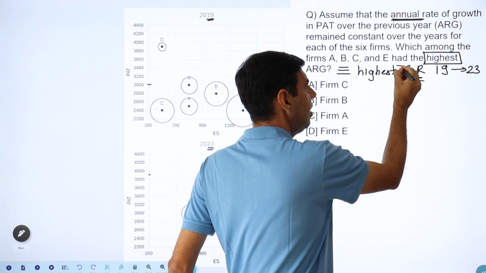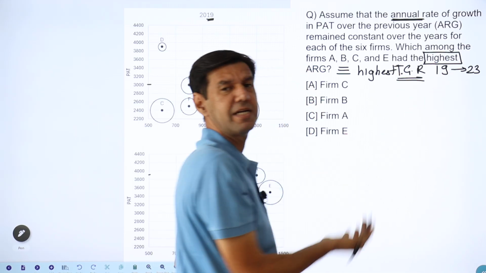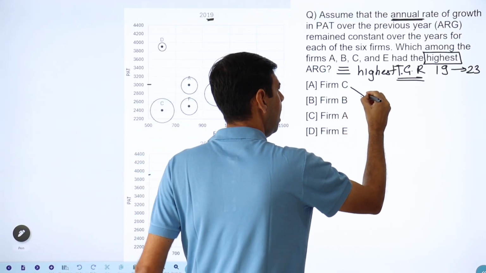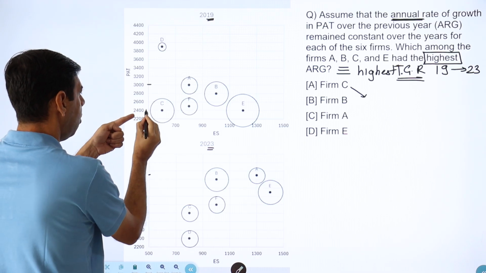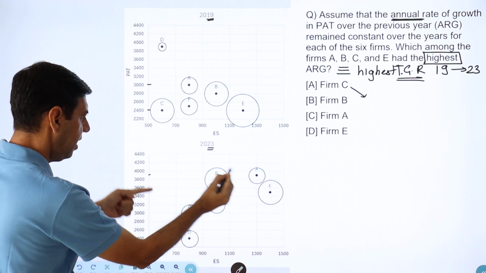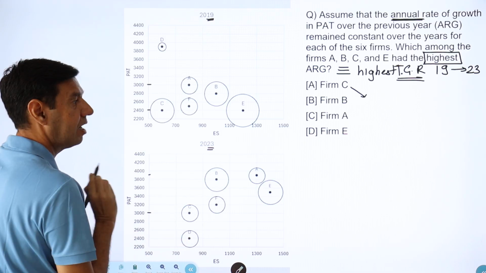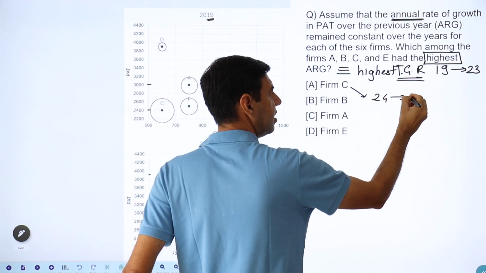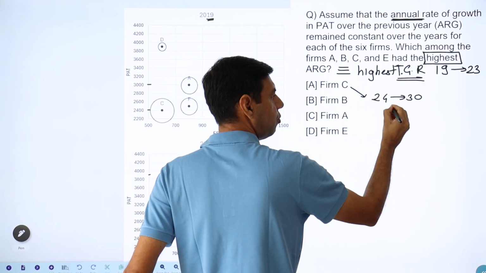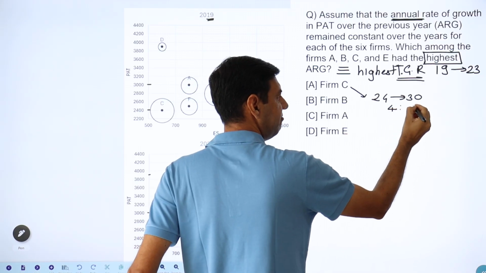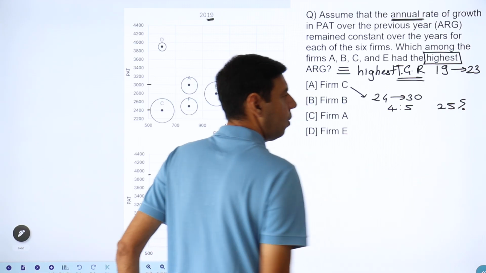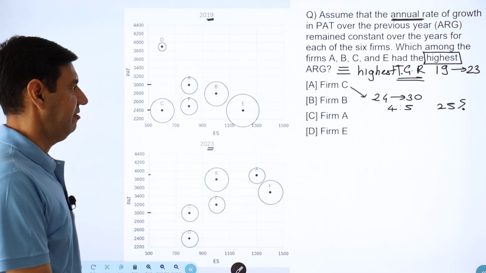So instead of annual, I take the total growth rate from 19 to 23. That's it. So for firm C, it was 2400. C here became 3000. So 24 went on to become 30, which is a ratio of 6 by 24, which is a growth rate of 25%.